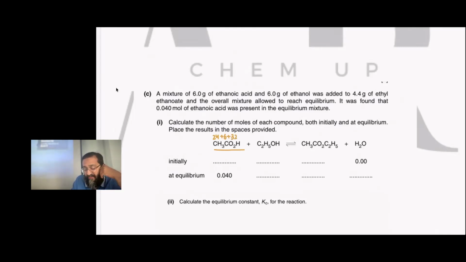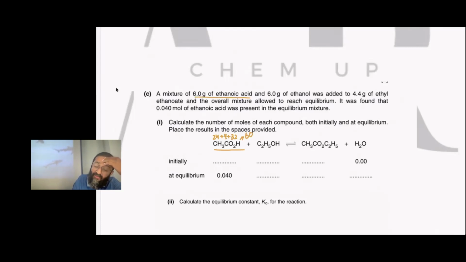So 32 and 24, 56. No, there are 4 hydrogens, so it is going to be 60. So 60.